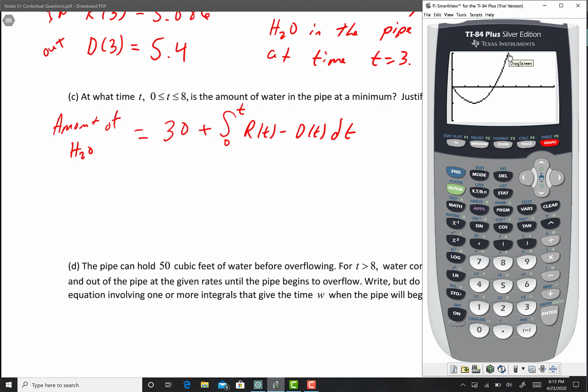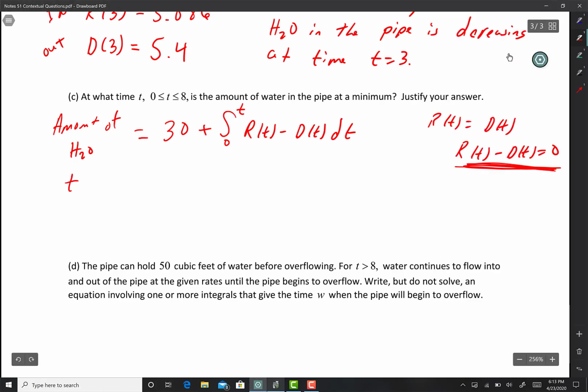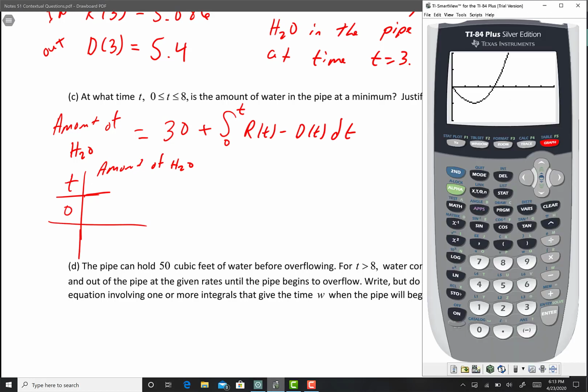So I already said I was going to do candidates test, so that's what I'm going to do, guys. T, and then amount of H2O. And I'm going to go 0, and then I need to find that value there, right?